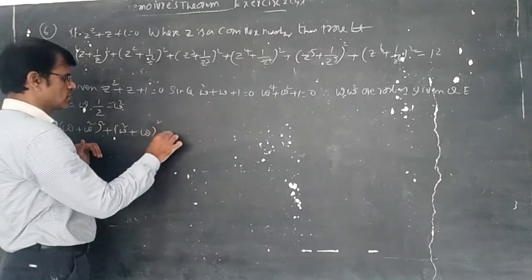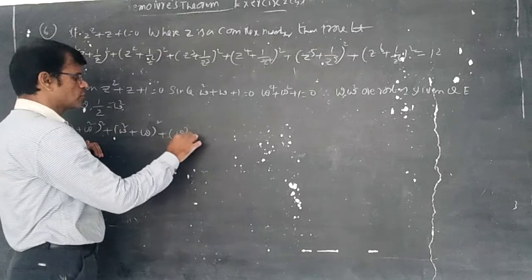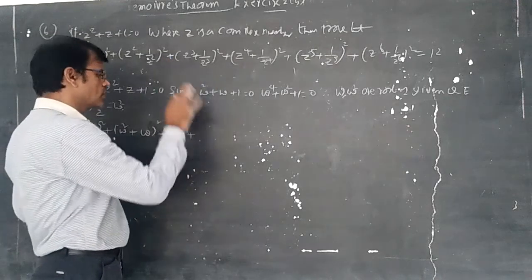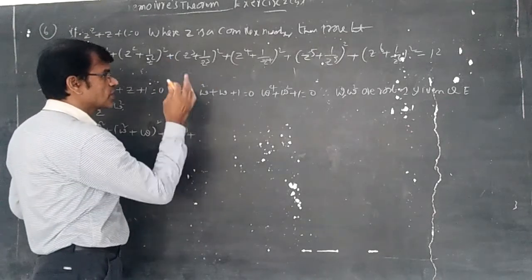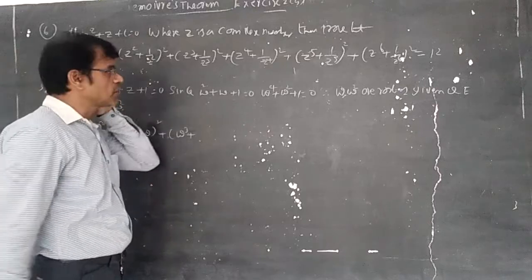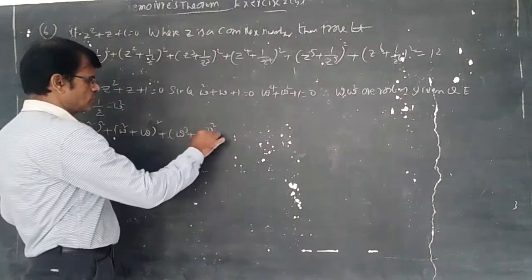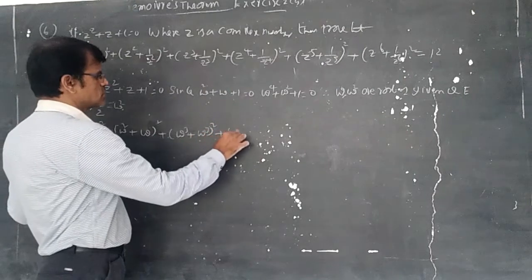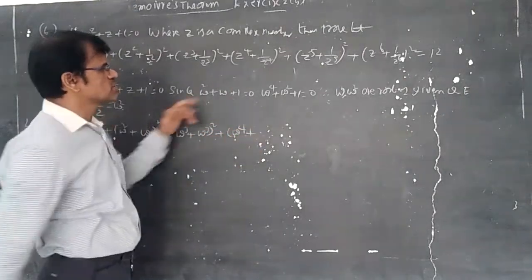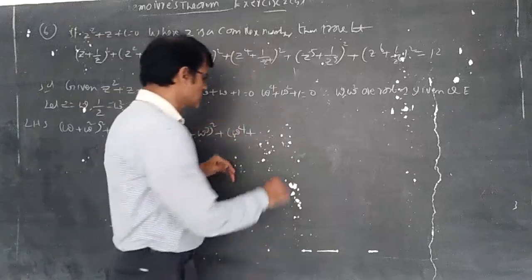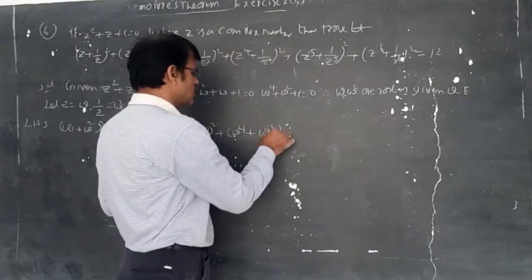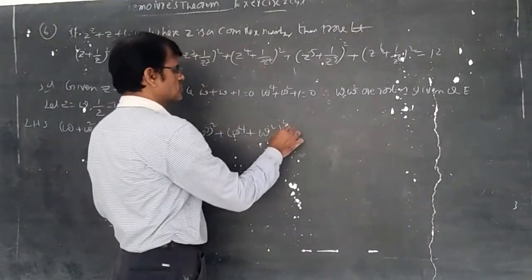This is omega cube plus 1 by omega cube, which is only 1. You can understand omega power 6 also by omega cube. So simply this is omega cube whole square plus omega power 4 plus omega power 6. Omega power 6 by omega square becomes omega square whole square.